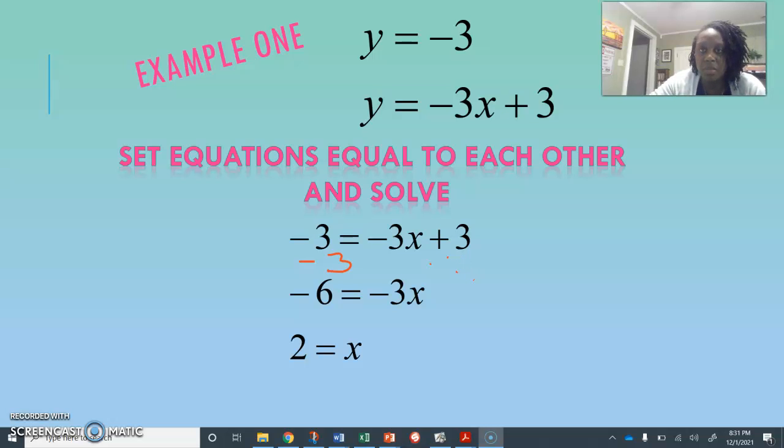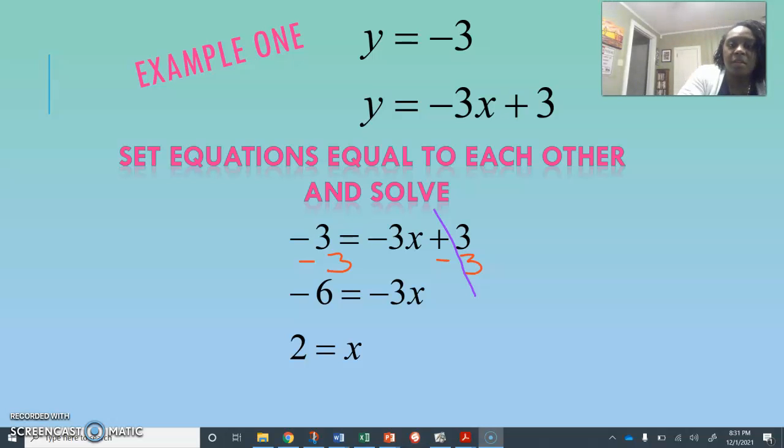And the values on the left-hand side are going to cancel out. So these two cancel, and so we have negative 3 minus 3, which gives us negative 6.